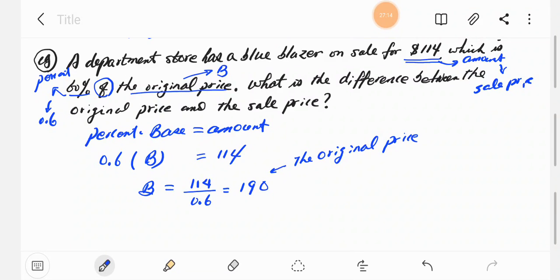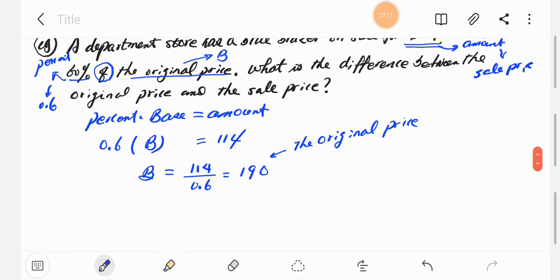Okay, then what's the difference between the original price and the sale price? So we have to subtract. Difference means subtract. So we're going to subtract 114 from 190. Let me write it again: the original price minus the sale price.